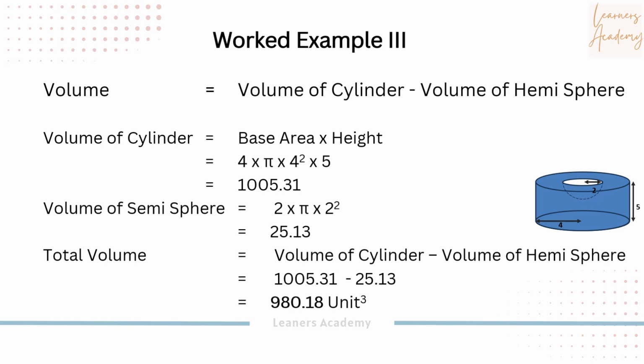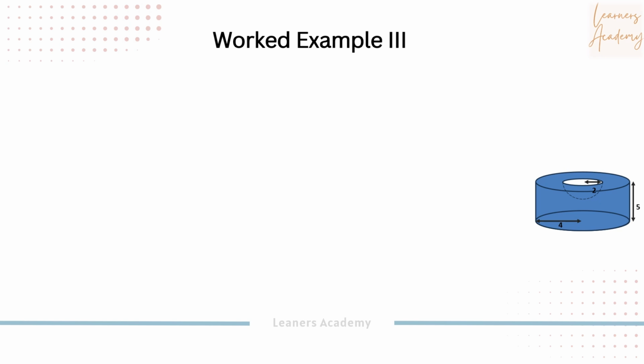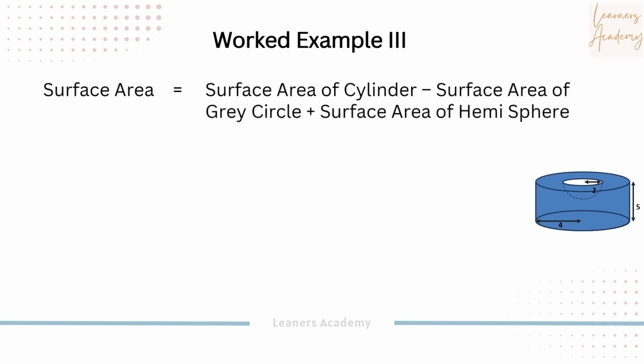For the surface area of the composite shape, we will take into account the surface area of the cylinder and subtract the surface area of the gray circle on the top of the cylinder. However, we will add the surface area of the hemisphere.